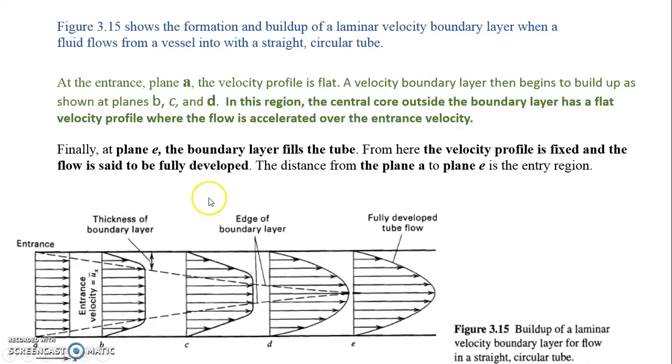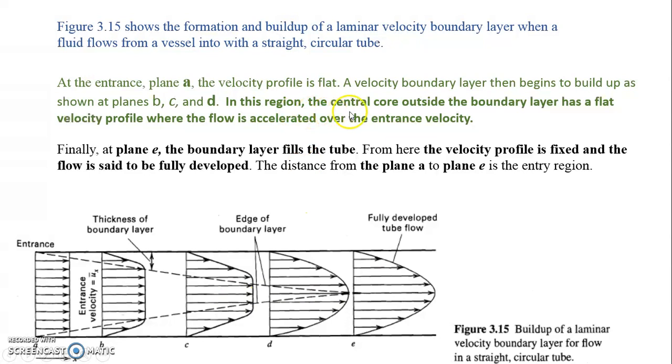This figure shows the formation of the laminar velocity boundary layer when a fluid flows from a vessel into a straight circular tube. At the entrance plane A, the velocity profile is flat, and then it begins to build up as shown in planes B, C, D and E.